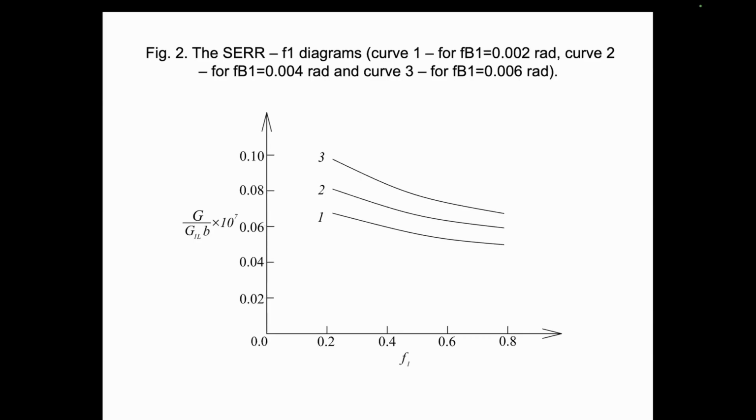The rise of the angle of support twist causes significant growth of the strain energy release rate. The reduction of the strain energy release rate that is generated from increase of F1 is a consequence of growth of the shear modulus in layer 1 of the beam.